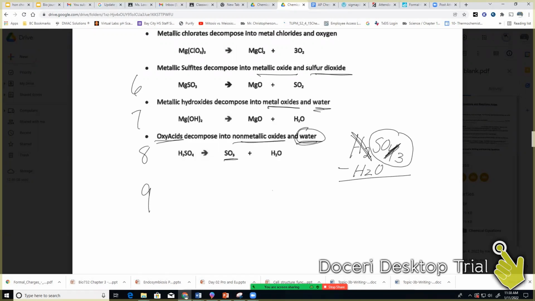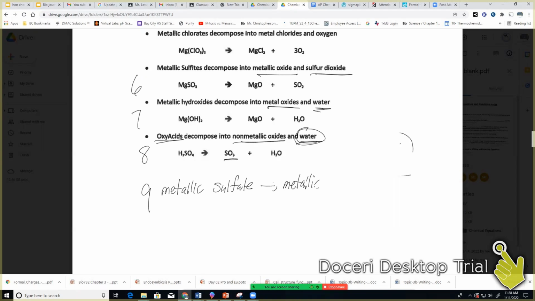And number 9, if you'll add in metallic sulfate, will decompose into a metallic oxide and sulfur trioxide.